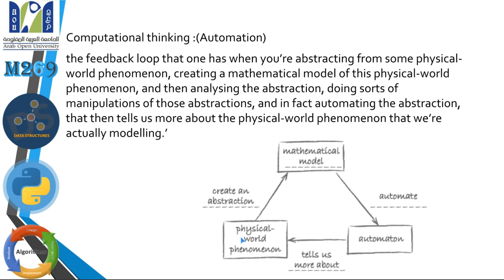We already used it for a long time at the Arab Open University, but for some universities it was the first time using distance learning and e-learning. So here we have a problem from the real world. What do we have to do? First, you have to convert this problem into a mathematical problem or mathematical model.